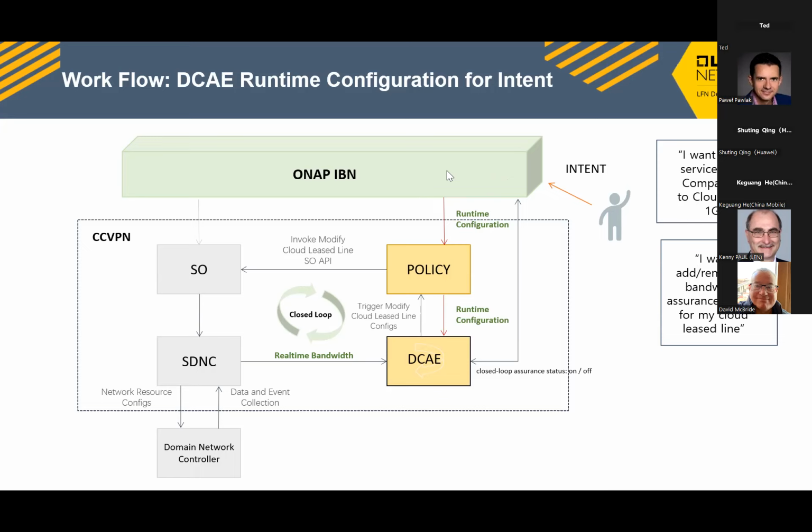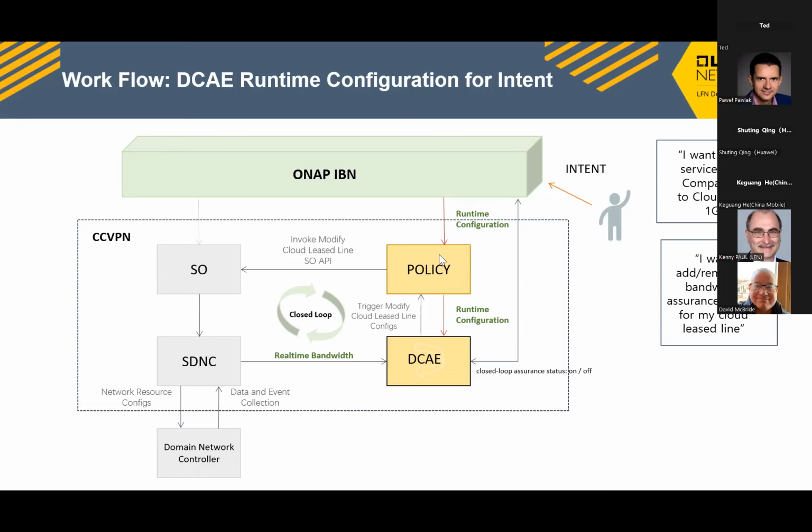Modify the configuration for one specific CLL, and we will analyze it and form the configuration in a policy format. The format we have defined in a template that we will talk about later.